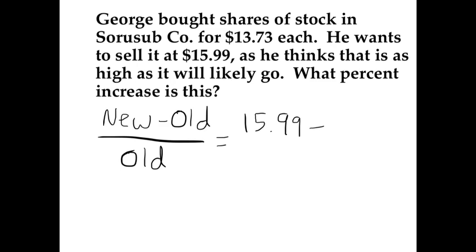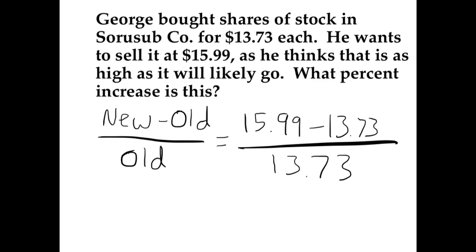$15.99 minus $13.73 all over. We're trying to find that as a percentage of the old price. On the top of the fraction, we get the actual change in the price. And we divide that by the old price.